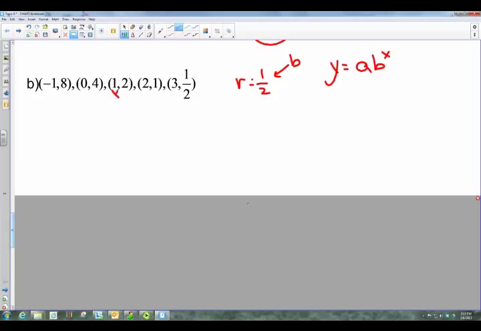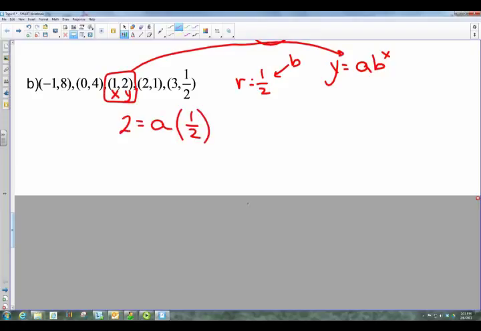We could say that this is an x, this is a y, and we use those two there to substitute in for x and y over on that side. Okay, so y, which is 2, equals a. We don't know a. Okay, the b value is 1/2, and the x in this case is 1. Okay, and those 2 and 1 come from that point right there.